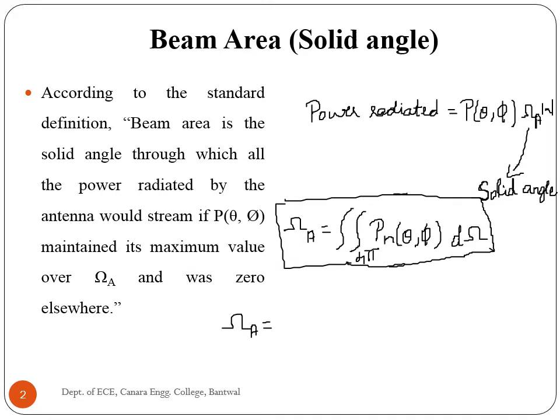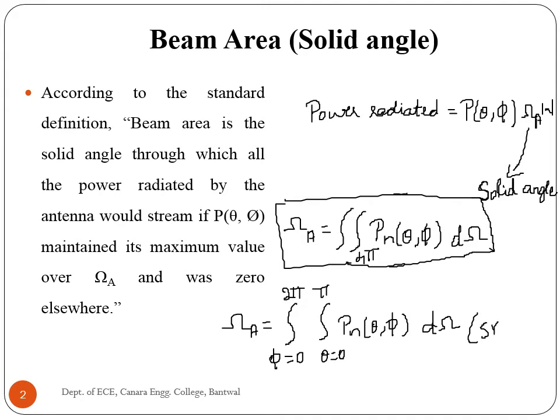If I expand this, it's an integration phi 0 to 2 pi and theta 0 to pi, normalized power pattern in d omega, which is in steradians.